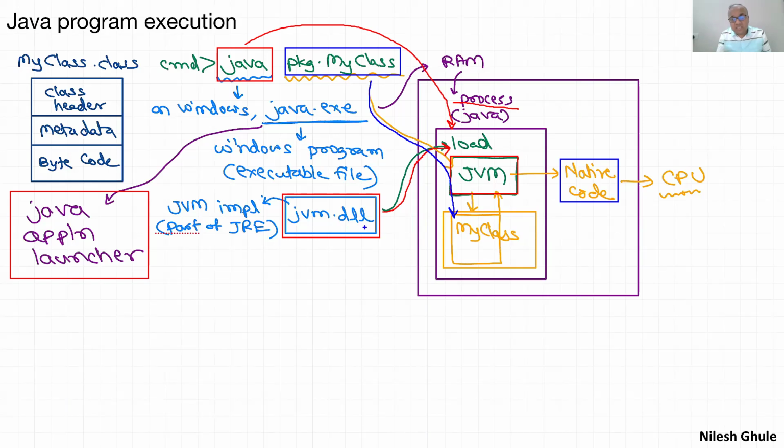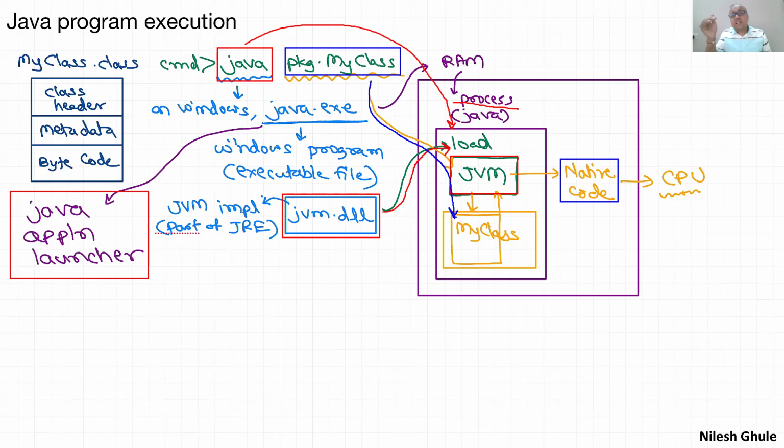The JVM itself is implemented in jvm.dll, which is a part of your JRE. And then that jvm.dll is loaded in the Java process. Once JVM comes into the picture, everything else will be handled by the JVM, meaning the given class will be loaded in the JVM memory, in a memory area like the method area, and more details can be discussed.